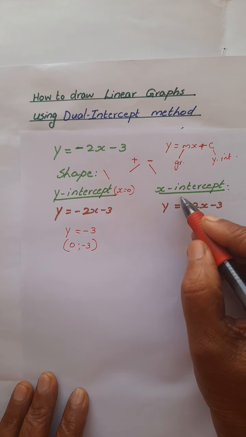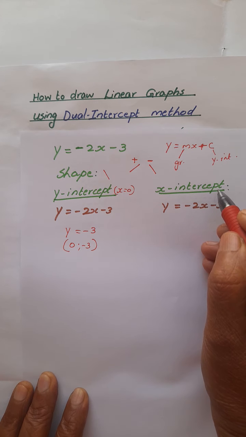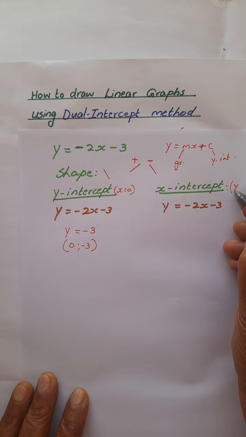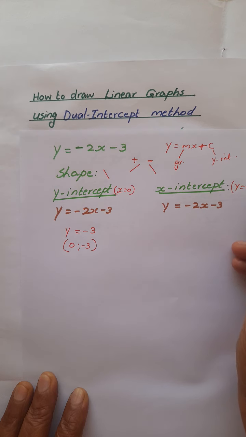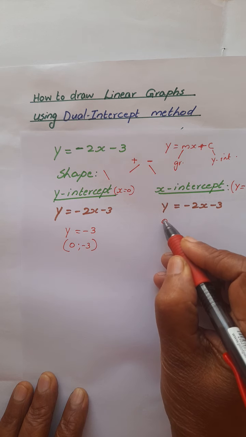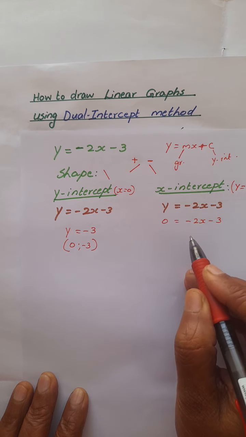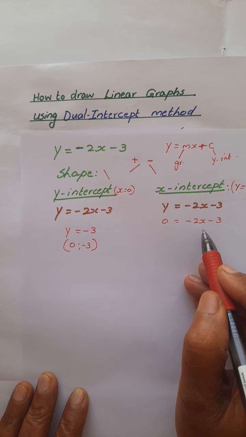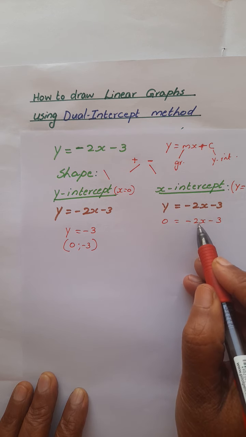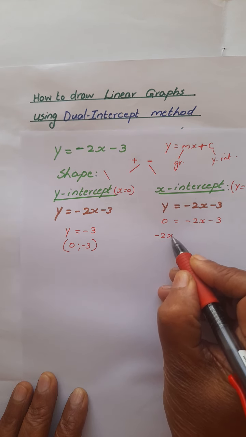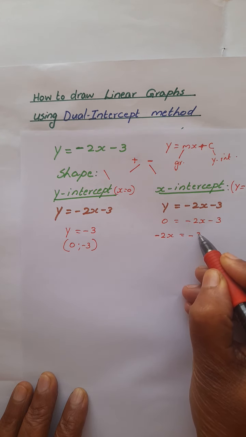Then coming to the x-intercept, where the graph cuts the x-axis, y is going to be equal to 0. So 0 is equal to negative 2x minus 3. In this case we have to solve for x. Bring this to this side, so you get negative 2x is equal to negative 3.